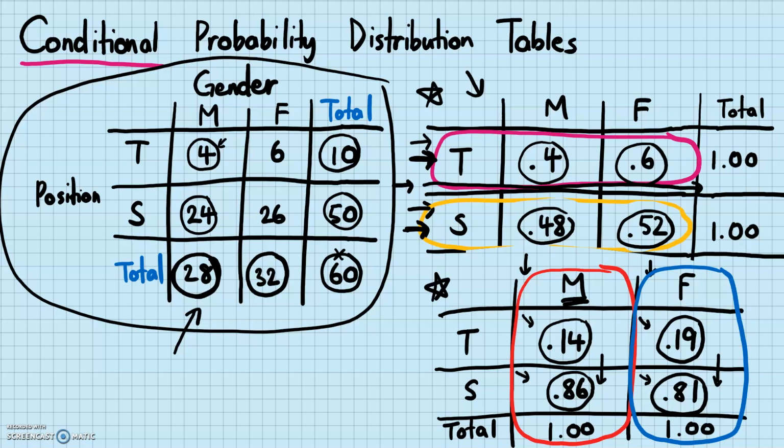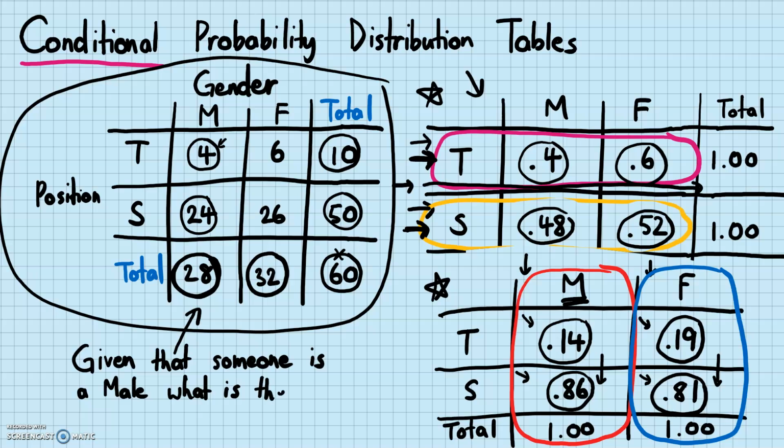So, for example, if I were to ask you, let me write down the question here. Given that someone is a male, what is the probability that he is a teacher?